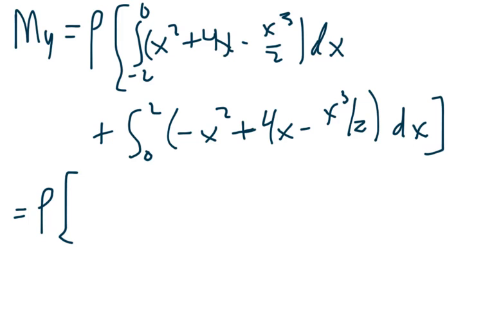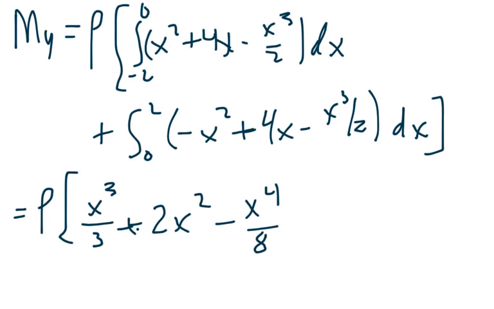And now I'm going to plug this in. I get x cubed over 3 plus 2x squared minus x to the 4th over 8, and this one goes from minus 2 to 0.